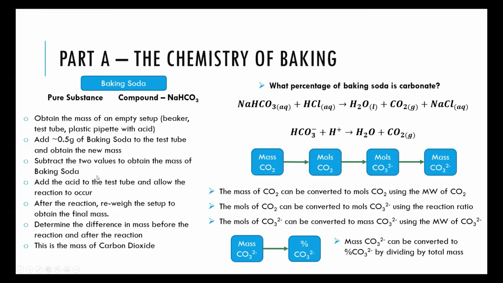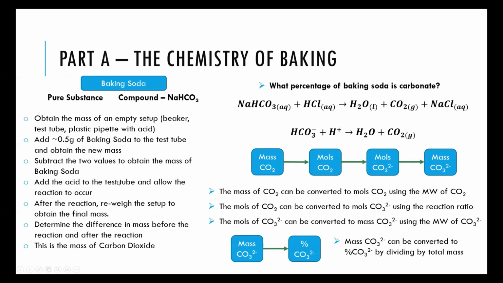You'll go through the same reaction setup, obtaining the mass of the empty setup itself, the beaker, the empty test tube, and the plastic pipette with the acid. You'll add about 0.5 grams of baking soda to the test tube and obtain the new mass, and subtract those two weighings to determine the mass of baking soda out to 4 decimal places. That would also be the mass before the reaction.